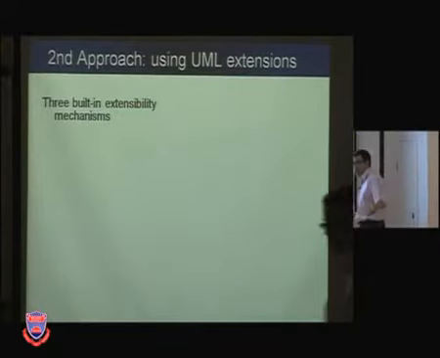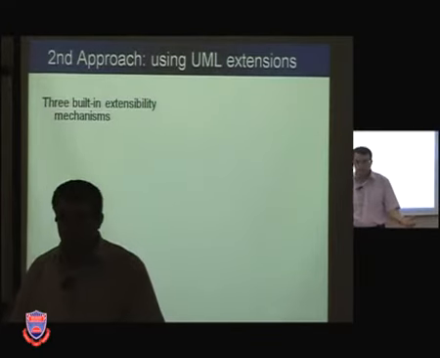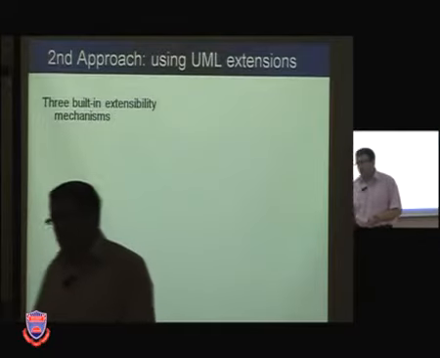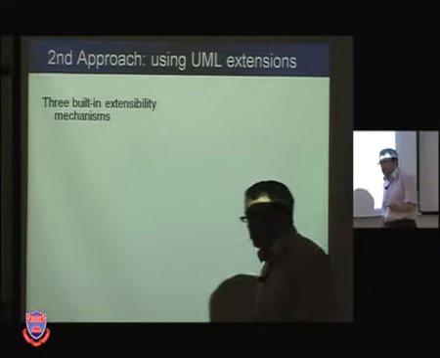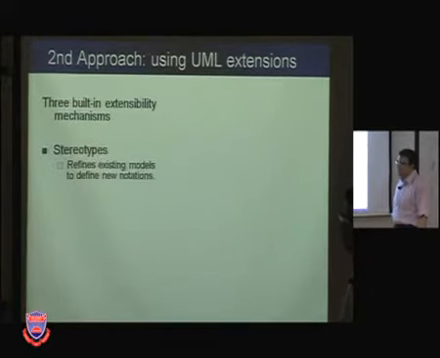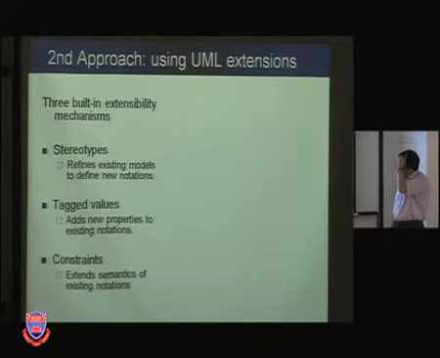So the first approach was just use UML as is. Don't care about any extensions. The second approach is again using UML, but we use the built-in extensibility mechanisms of UML. There are three types: stereotypes, tagged values, and constraints.